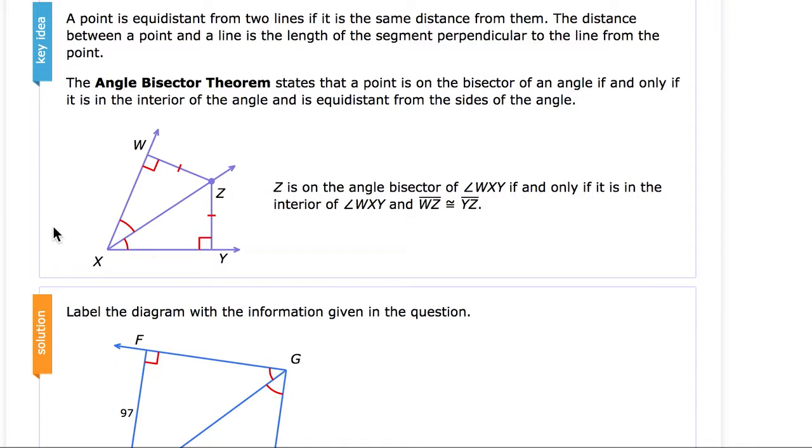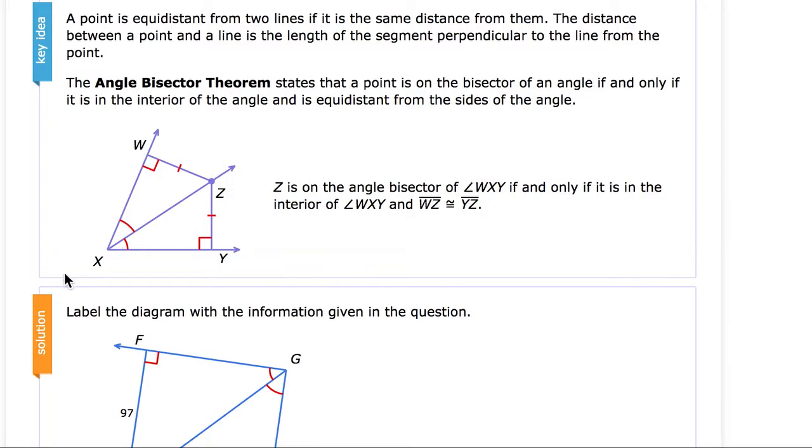So, given this angle here, WXY, and we have XZ bisecting the angle, we can see that this angle is the same size, or congruent, to this angle. Therefore, this is the bisector, so Z is on the bisector.